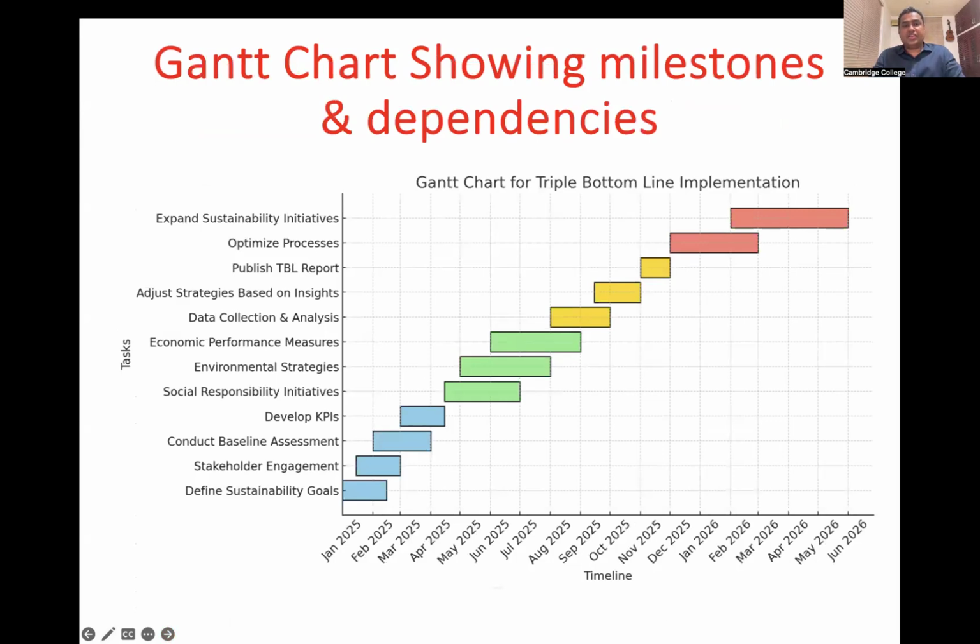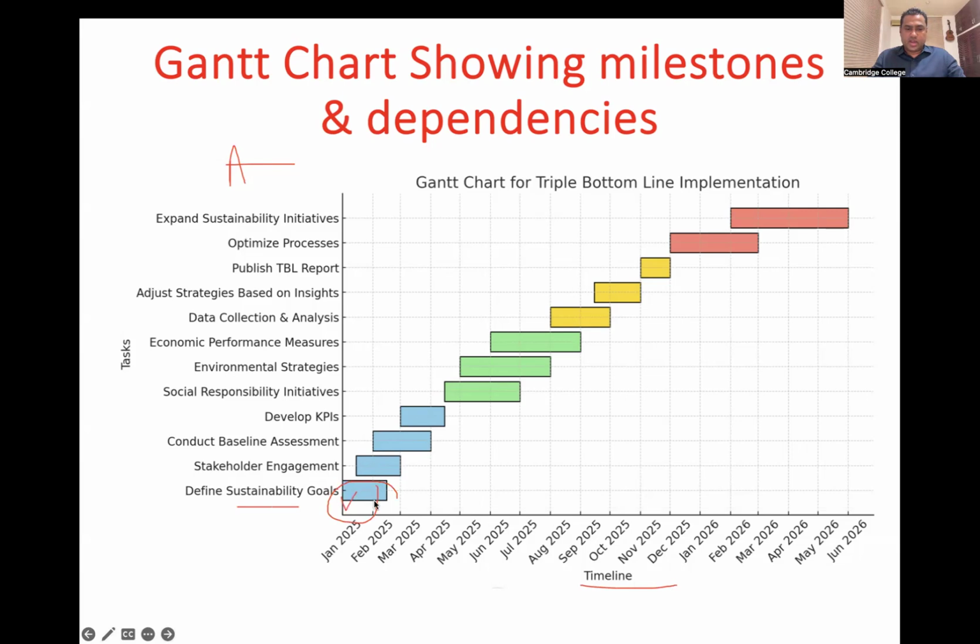So here's a Gantt chart. What do you mean by a Gantt chart? A Gantt chart is when you have activity over time. So you have activities on one side, a timeline on the other side, and the chart will show when you are starting and stopping each activity. So you can see define sustainability goals is the first activity.